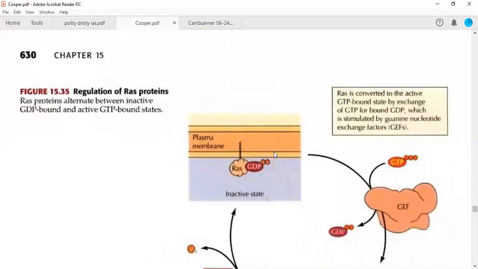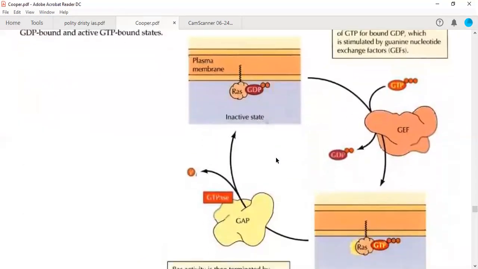So for example, you can also see from here how these GAP proteins are functioning. This is RAS, which is interacting with GDP, and this is the inactive state. Then the GEF, that is the guanine nucleotide exchange factor, is some specific protein. This GEF is actually called SOS protein.